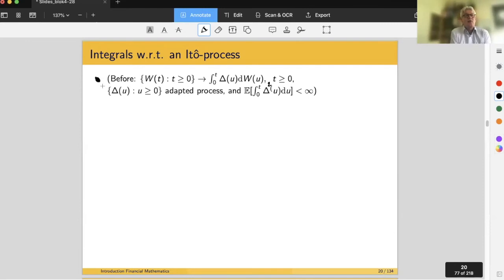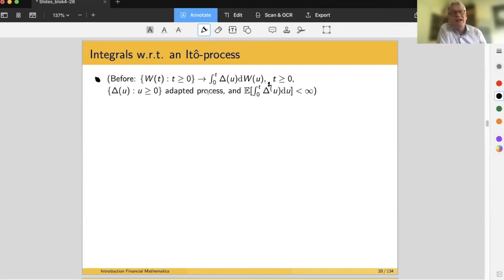Okay, let's define now an integral with respect to an Ito process. Before we had the stochastic integral with respect to Brownian motion, and now we will generalize this to define a stochastic integral with respect to an Ito process. So before, remember, we had our Brownian motion, Wt, t greater equal to 0, and that gave us the notion of the stochastic integral as follows, the integral from 0 to t, delta u dwu, t greater equal to 0, where delta u was an adapted process, adapted to the filtration of the Brownian motion.